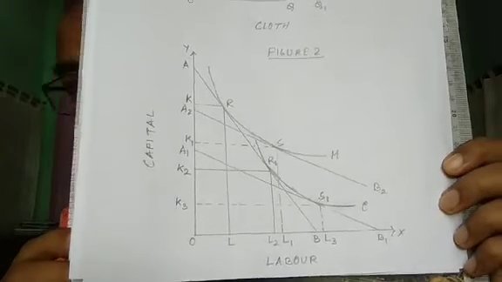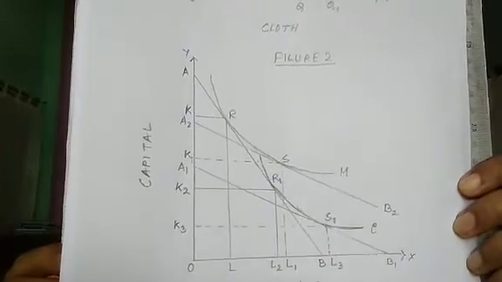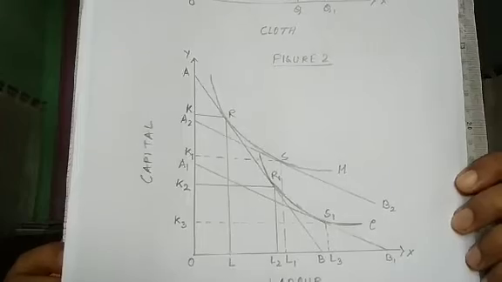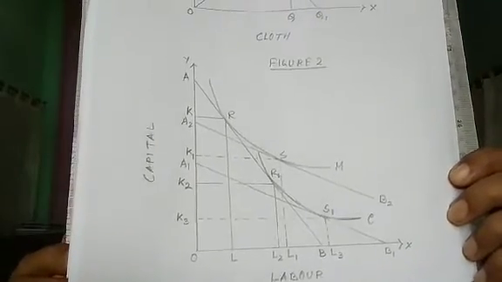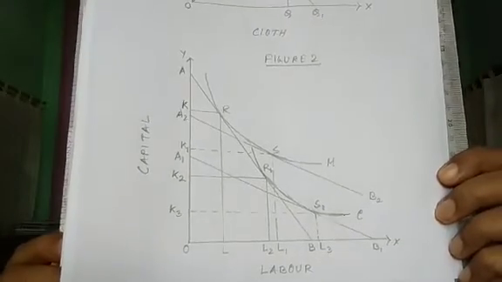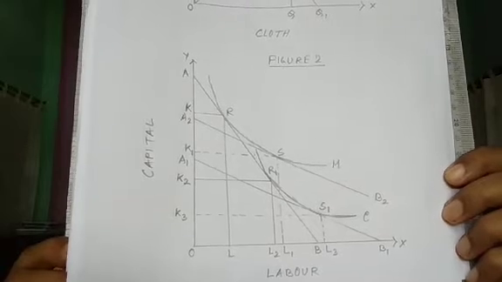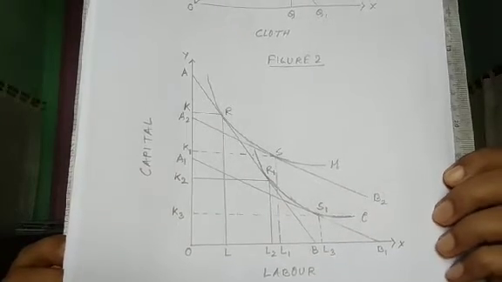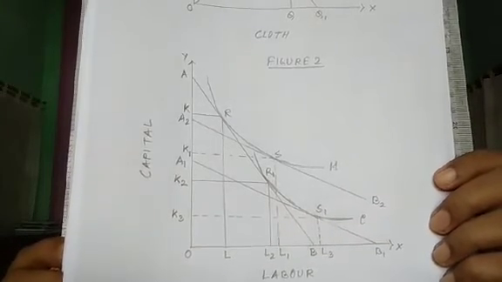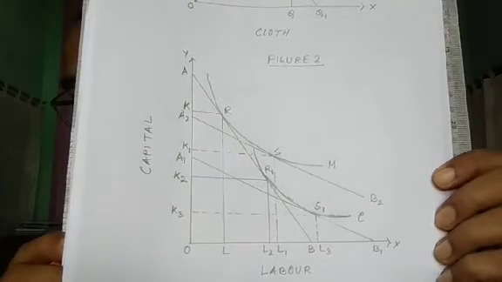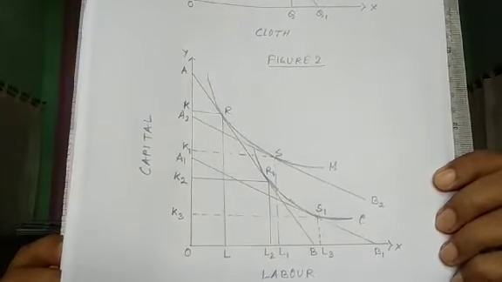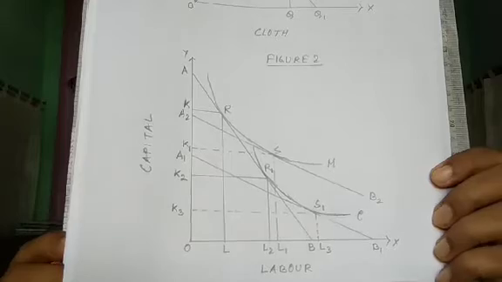Now, M represents the isoquant producing a certain level of machine, M for machine, say 100 machines, and C represents an isoquant for cloth, say 1000 units of cloth.